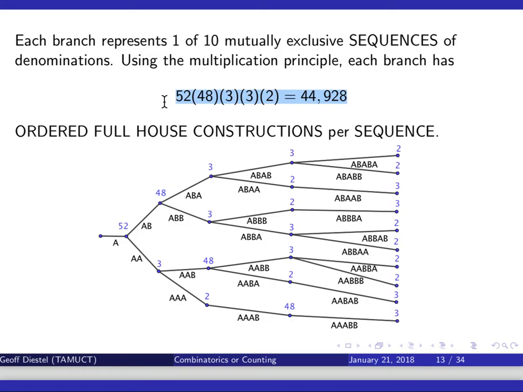So each sequence of order of how we got the denominations, there's 44,928 ways that could happen. That accounts for all possible cards that could make a full house. We're just counting the ways that we could have seen the denominations come to us.